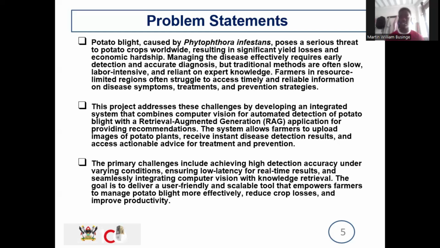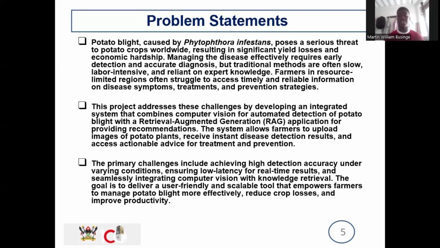So the primary challenges we are trying to overcome in our project's development are: we want to achieve high detection accuracy so that the model detects that the disease is this or that, even under different conditions. For example, maybe rainy conditions, or some areas have too much sunshine.